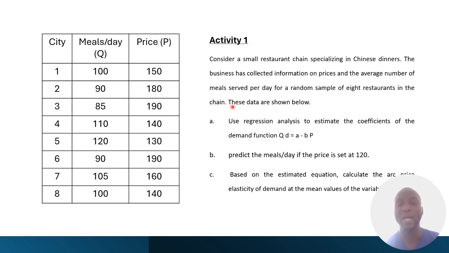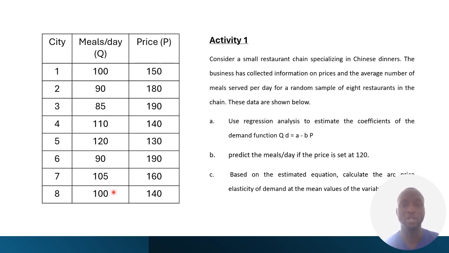Now, using arc method or arc elasticity to conduct elasticity of demand, it simply means we are using the midpoint method, or sometimes we are using the point method to calculate elasticity of demand. I will take you through how to do that, but first and foremost, let us see how we are going to solve this regression problem.